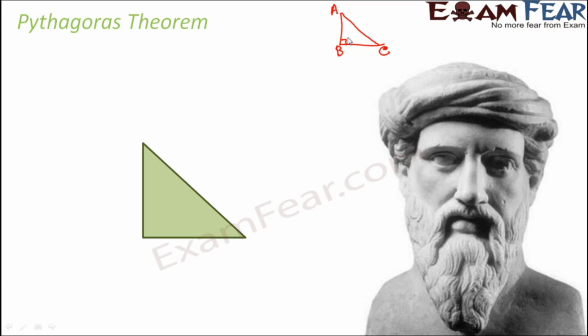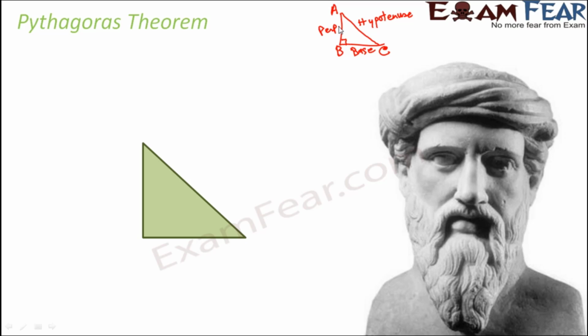Now the side which is opposite to this right angle, that is this side AC, is called the hypotenuse. Now this one is the base, and this one is called the perpendicular. So perpendicular, hypotenuse and base, these are the three sides of the right-angled triangle.